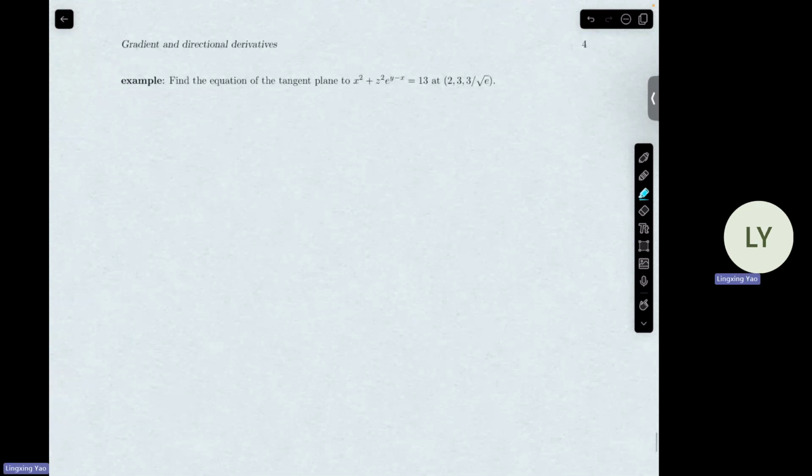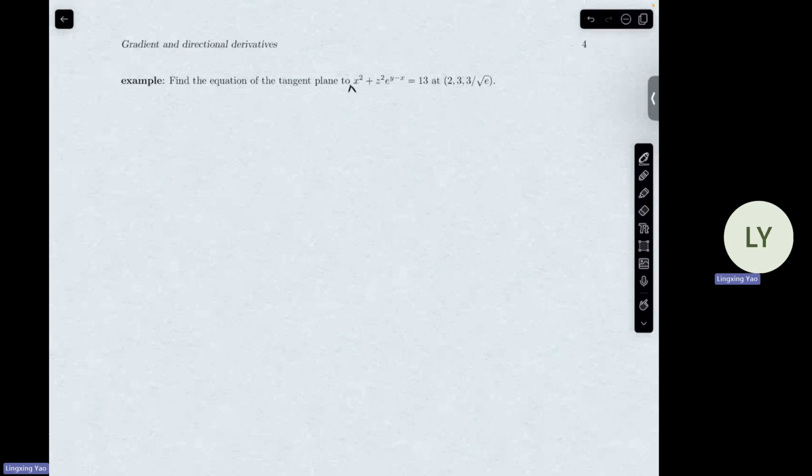Now we want to have one example to illustrate the idea of setting up the equation of the tangent plane, and we want to point out this is a very typical question people would see in many applications. All right.